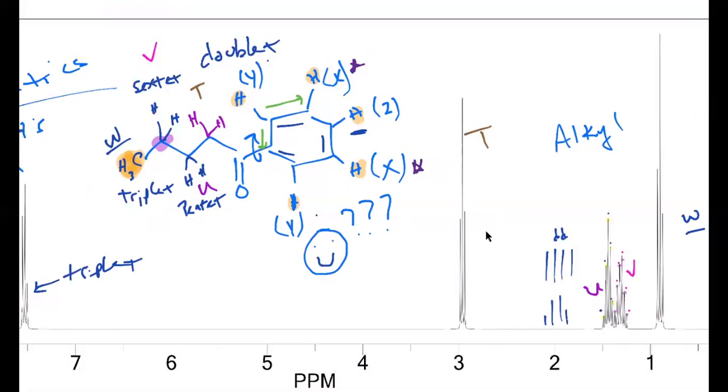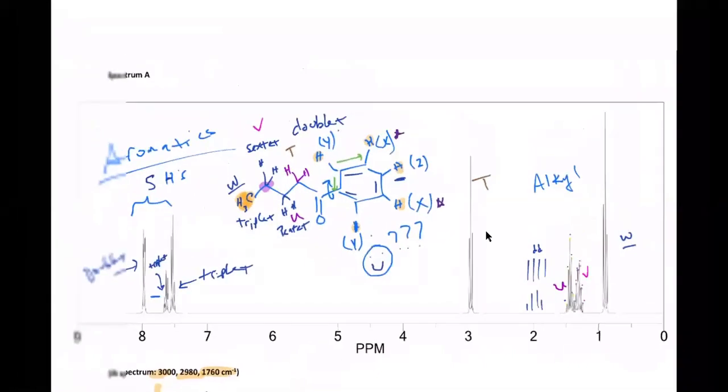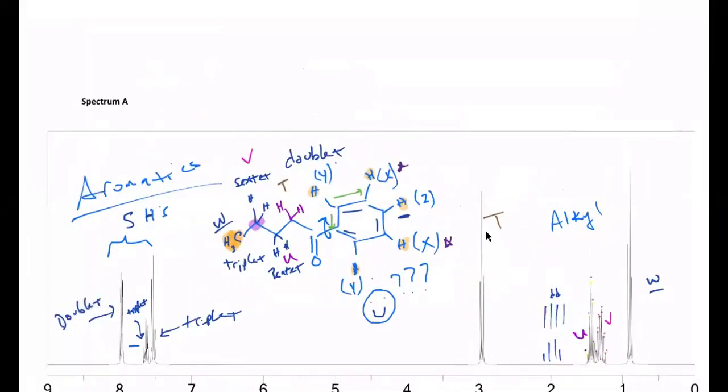What's the term we use for that? Deshielding. Excellent. So it's going to be deshielded because of that sp2 carbon, and it's going to be a triplet because it's got 2 neighbors.